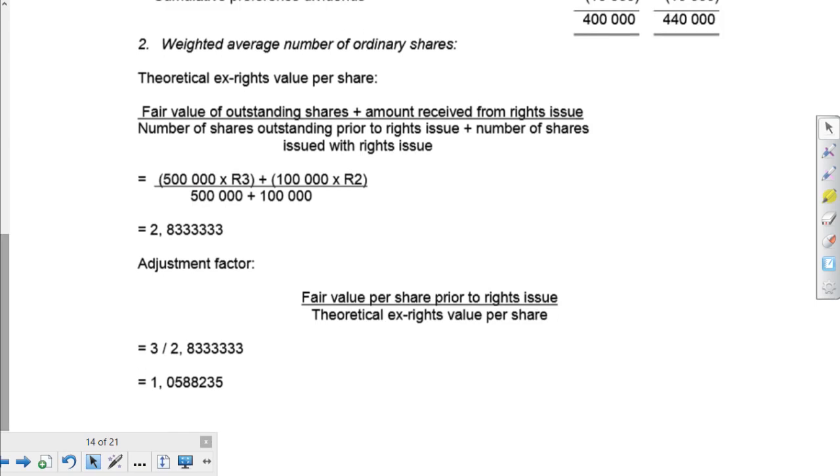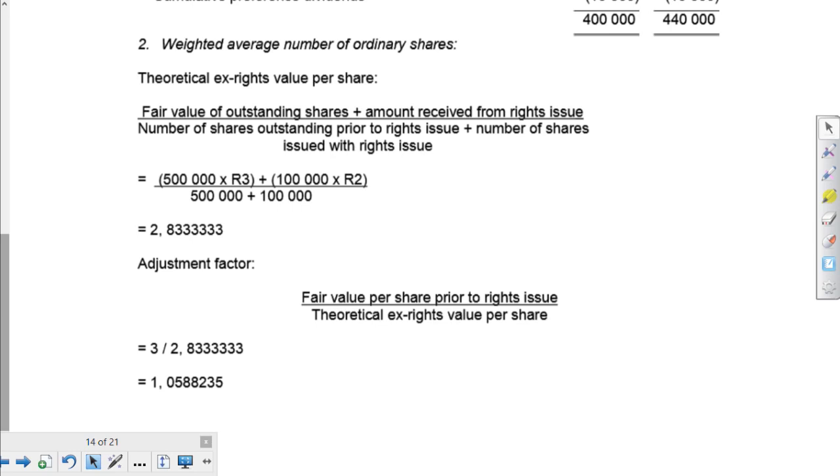These 2 formulas work out a theoretical ex-rights value per share, and then from there it works out an adjustment factor. And then you multiply the adjustment factor by the shares to get a weighting. It's horrible to use. Because the other method is already what you would have had to learn if you had a normal issue followed by a cap issue. Do you agree? So I wouldn't recommend this method.